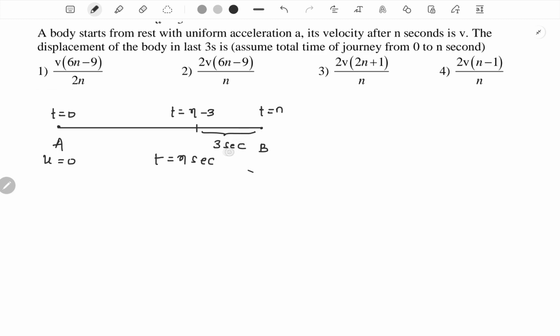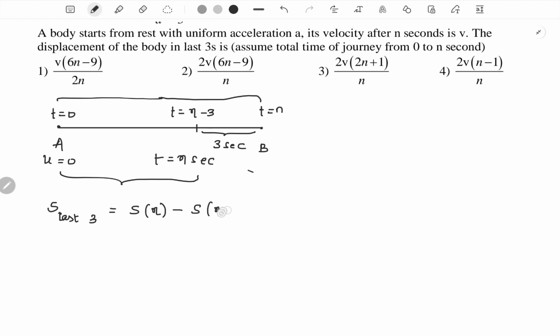How do we find this particular displacement? The distance traveled in the last 3 seconds would be the distance traveled in the total n seconds minus the distance traveled in n minus 3. So we can write displacement in the total n seconds minus displacement in the first n minus 3 seconds.